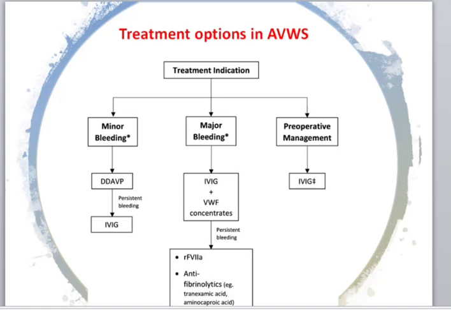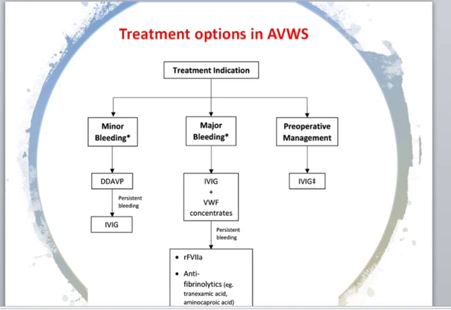Then you need to give them IVIG and factor concentrate. Still no effect or bleeding is severe, then you can use a bypassing agent like recombinant factor 7.